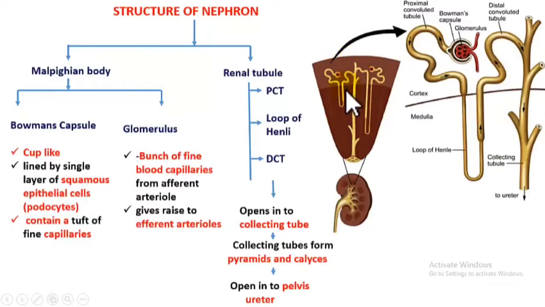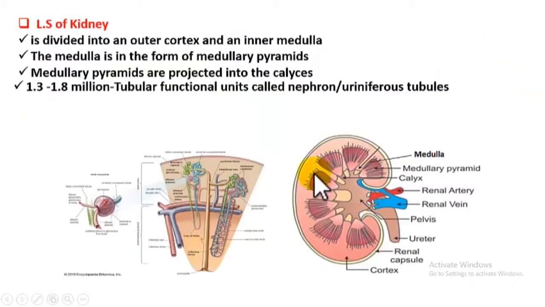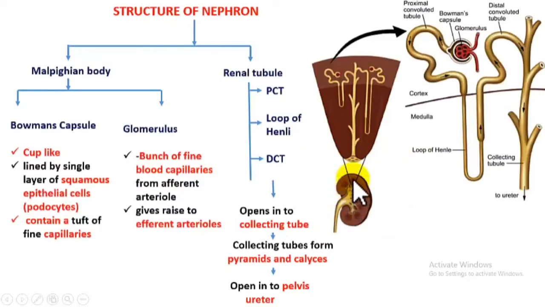And now students, where are these nephrons present? When I spoke about the LS of kidney, I've shown two regions in a kidney, right? Outer region is called cortex and inner region is called medulla, right? So see here, a portion of kidney is sliced and zoomed over here. So outer is cortex and inner is medulla.